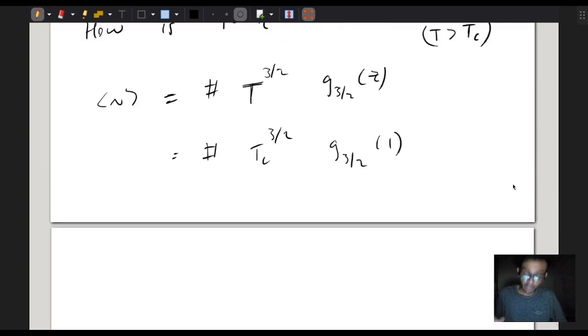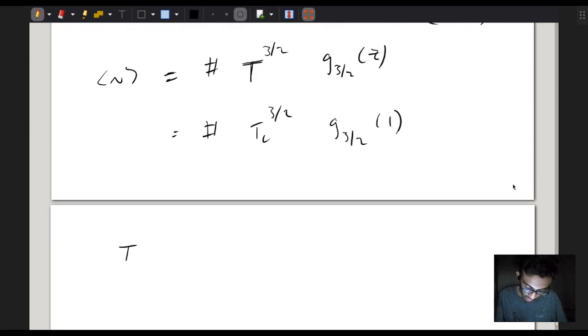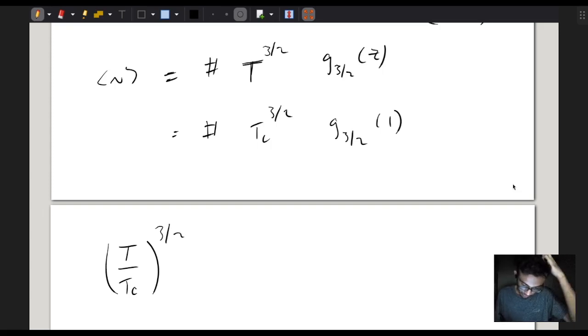Yeah, so we can just divide these two equations to get t by tc to the power 3 by 2 is equal to g 3 by 2 of z over g 3 by 2 of 1.